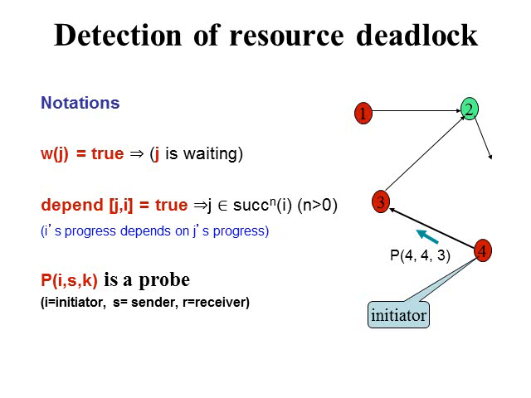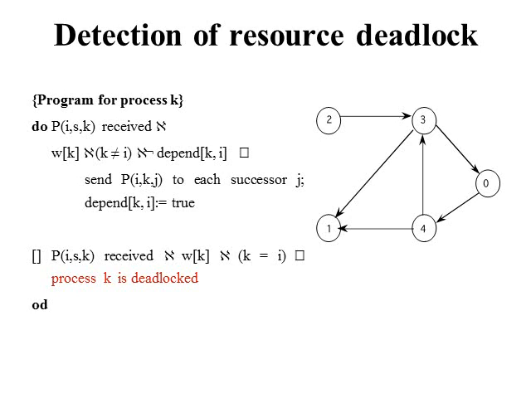Now let's move on and take a look at the detection algorithm for a resource deadlock. This is the algorithm that is executed by each of the processes to detect a resource deadlock.